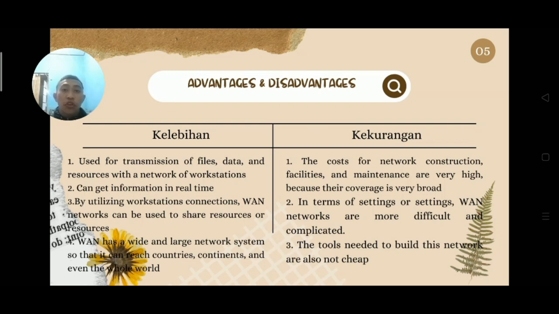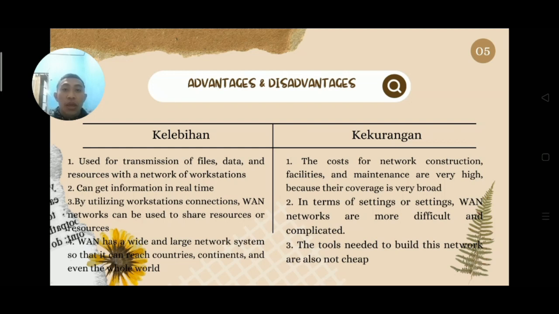And in here, the advantages and disadvantages of wide area network. For the advantages of wide area network, the first is use for transmission of files, data, and research with a network of workstations.